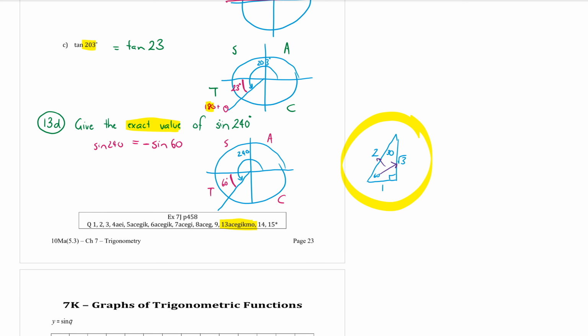So that means that sine of 60 is root 3 over 2, and I have got the minus sign that was at the front of that as well. Okay, so we want that extra step where we find the exact value from our triangle. Okay, so that will help you with question 13.